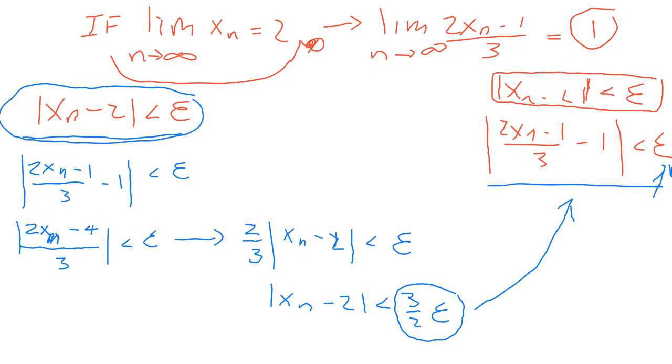I'm going to now erase that, and then we're going to use that 3 over 2 epsilon to make the thing up there that I underlined true. All right, let's see how that works out. 2x sub n minus 1 over 3 minus 1 right here came from the sequence minus the limit is equal to... I'm going to do this one slowly though.